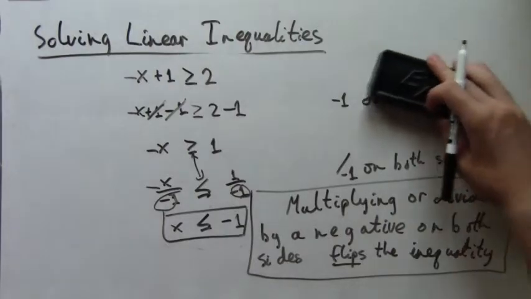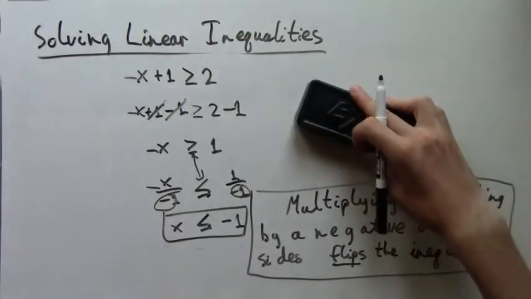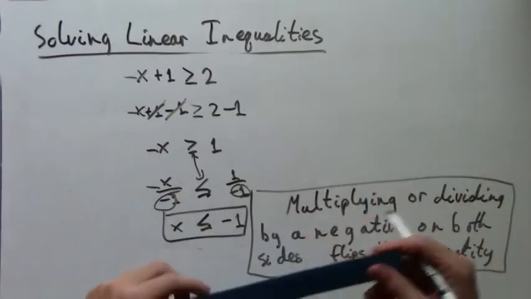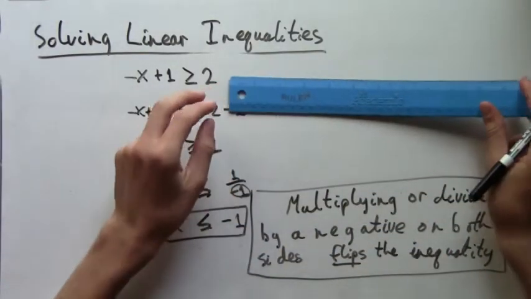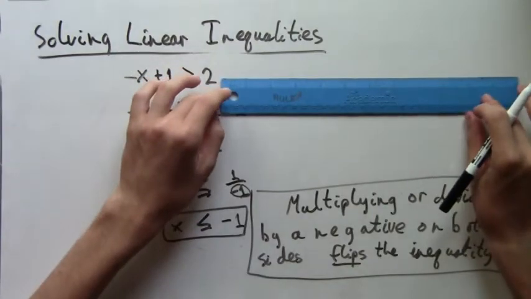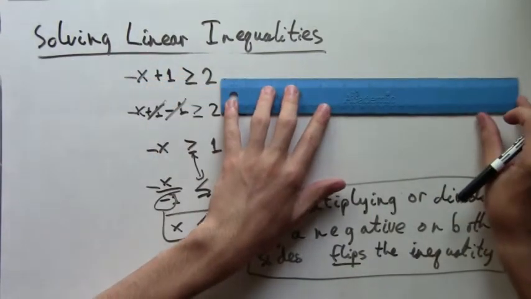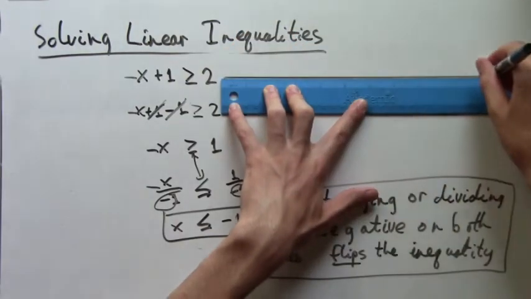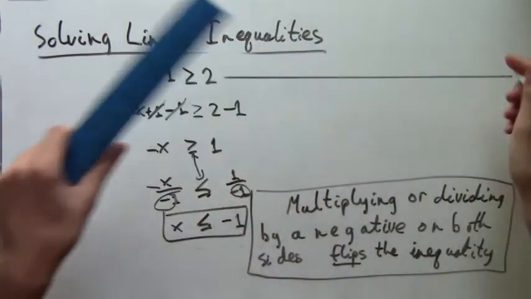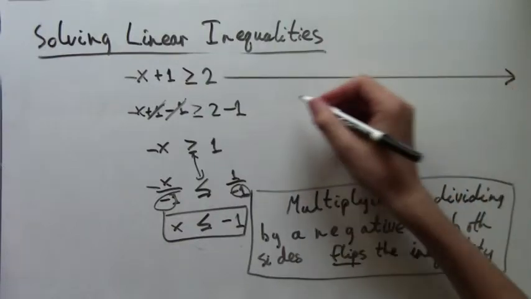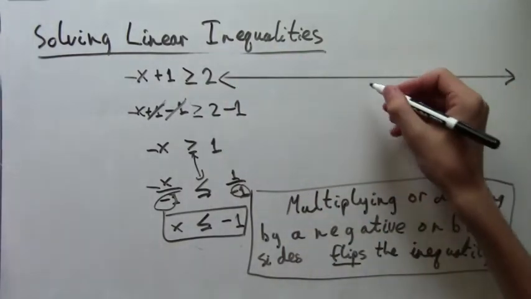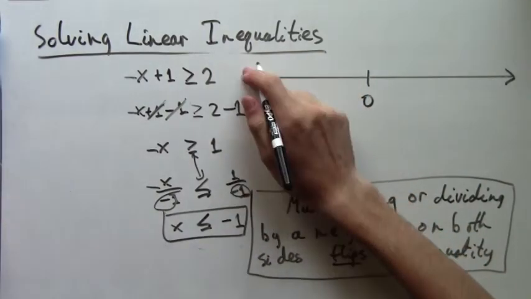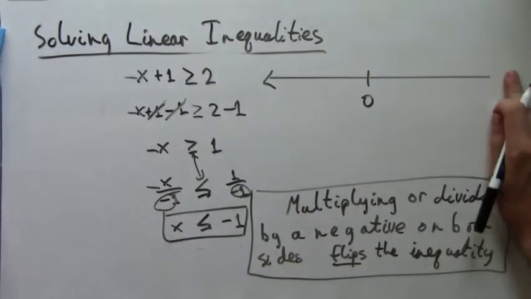So we are ready for the number line. I'm keeping the rule up on the board for now to make sure that you have time to remember it, because it's really the most important part of this video lecture. So we have our number line with 0, and I'm going to make this a little bit shorter so it fits better on the board.